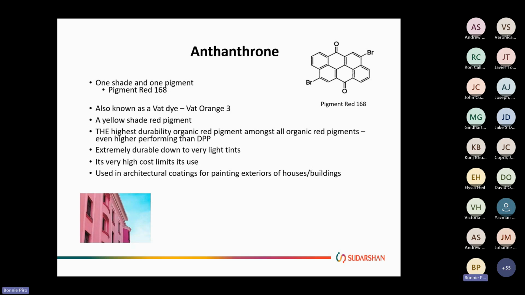So it's on the very high end of high performance, especially when it's down to the very light tinting areas with TiO2. It's always a very good choice when you need to be in those very pale colors. It does come with a little bit higher cost versus other red pigments, but the technical properties it brings are advantageous to a formulation.